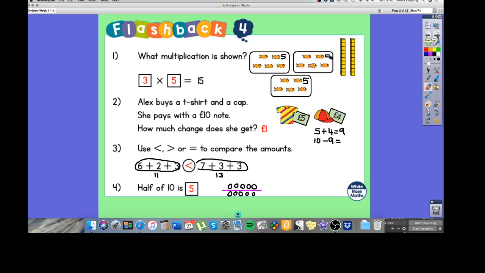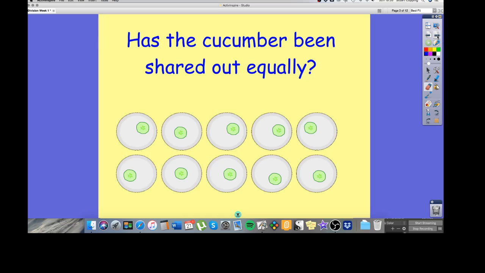So hopefully you've got those resources ready because you're going to need them. So first of all, I have a question for you. It says, has the cucumber been shared out equally? So does each plate have the same amount of cucumber? Well, let's just check. This one has 1, this one has 1, this one has 1, this one has 1, this one has 1, this one has 1, and 1, and 1, and 1, and 1.